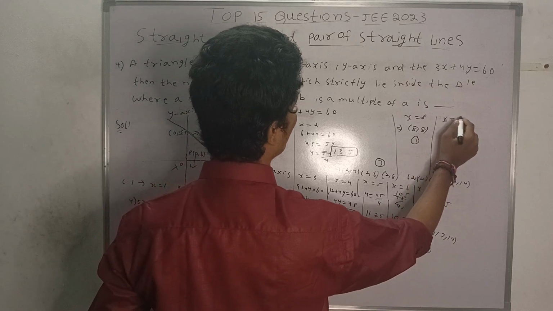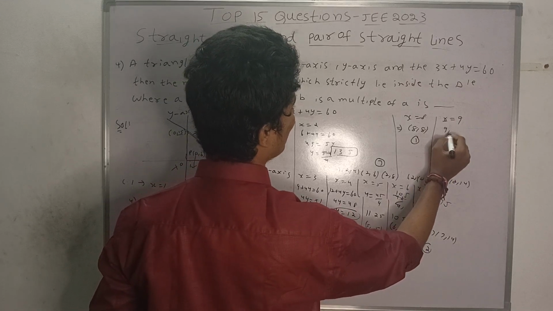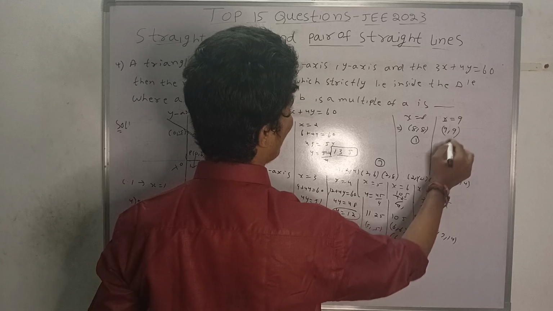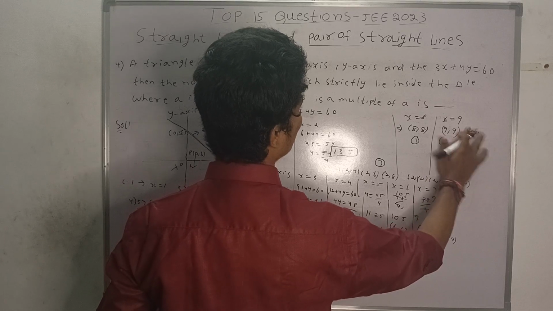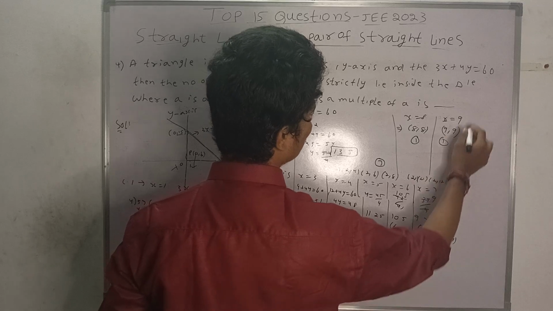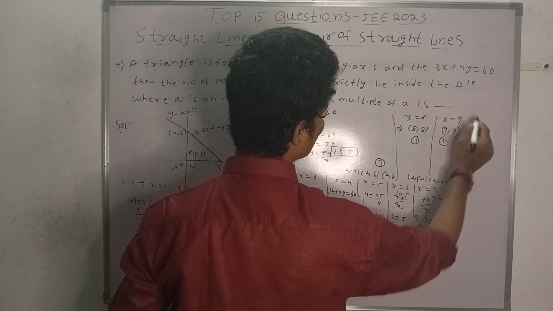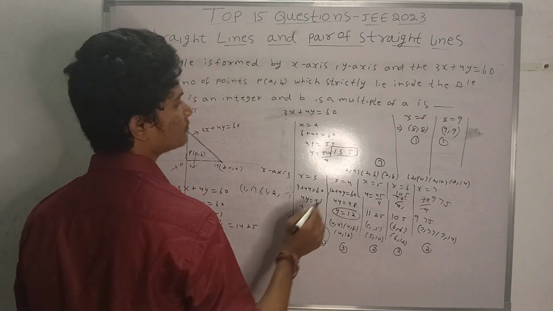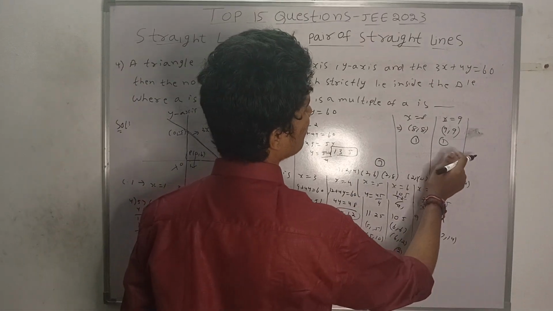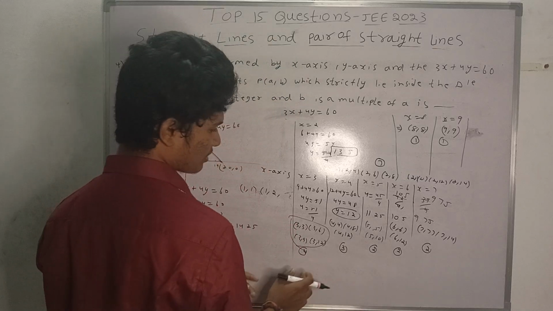Now we will check x equals 9. 9 comma 9 I can get here, but 9 comma 18 I cannot get. So here it is 1. And now let's count the points.